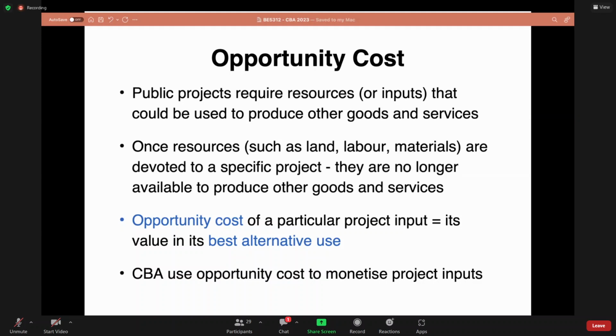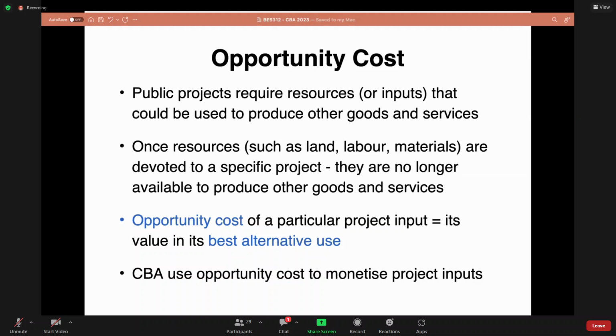So the opportunity cost of a particular project input will be how much value we are foregoing by using that particular resource in this project. That is, whatever its value is in its best alternative use.